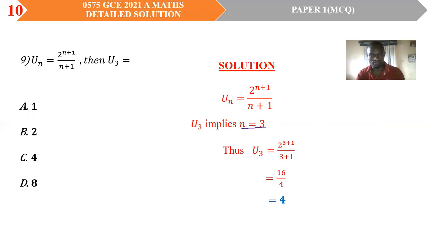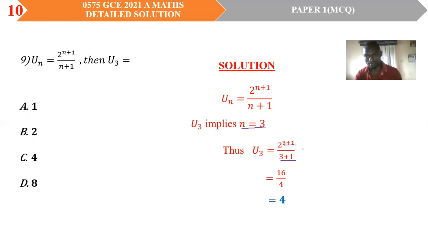So the term in that sequence where n is 3 is the third term. The third term will be obtained when we substitute n equal 3. So U3 will be 2 to the power 3 plus 1 over 3 plus 1.